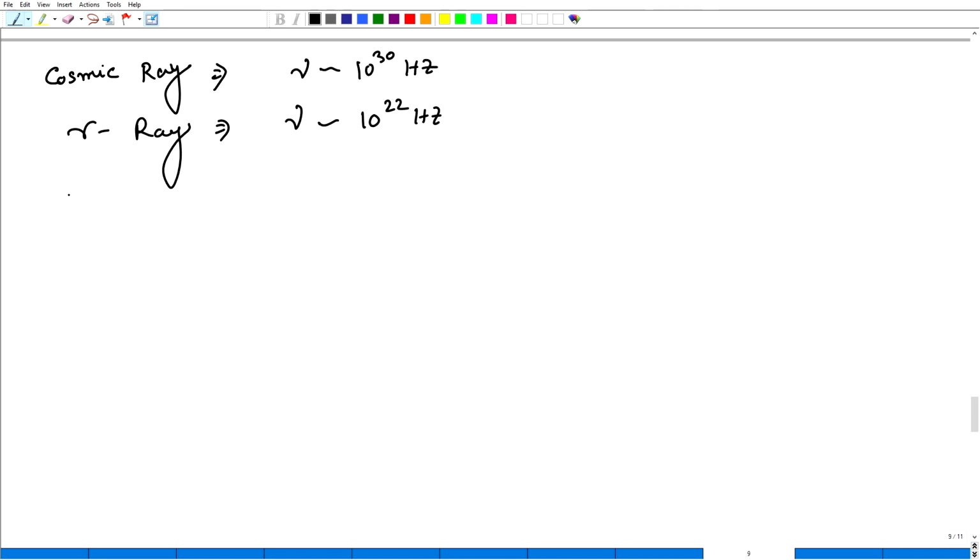Next is our X-ray. The frequency is around 10 to the power 15 hertz.